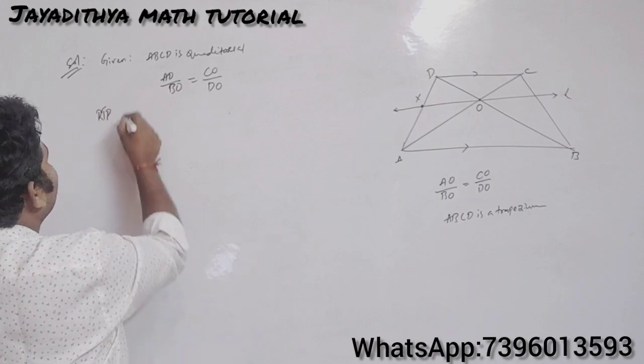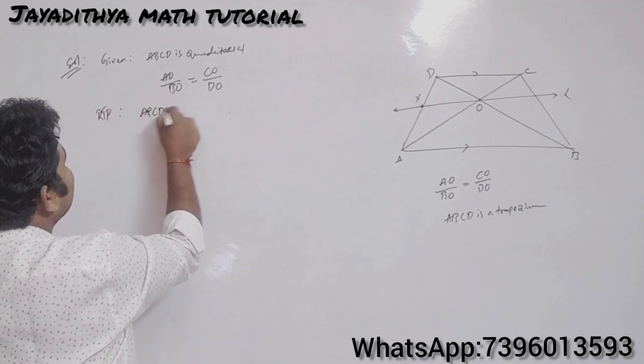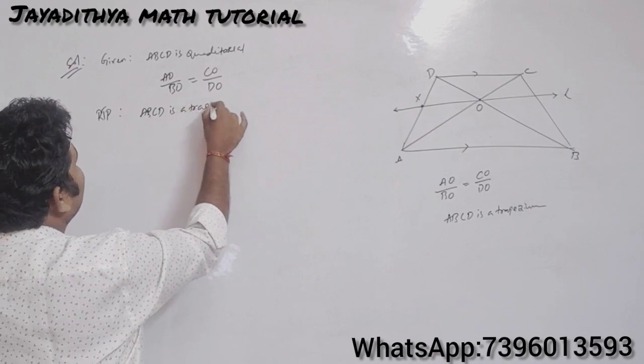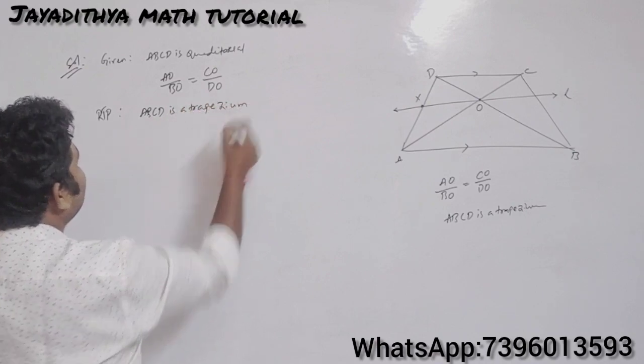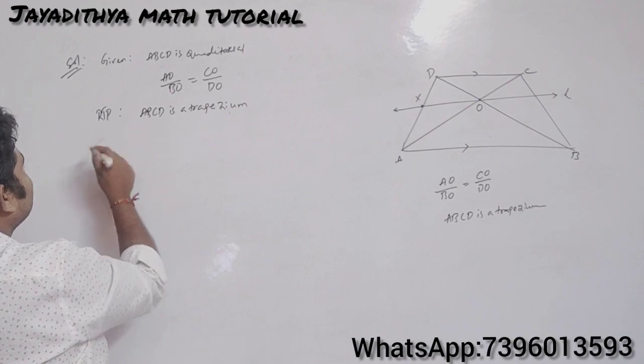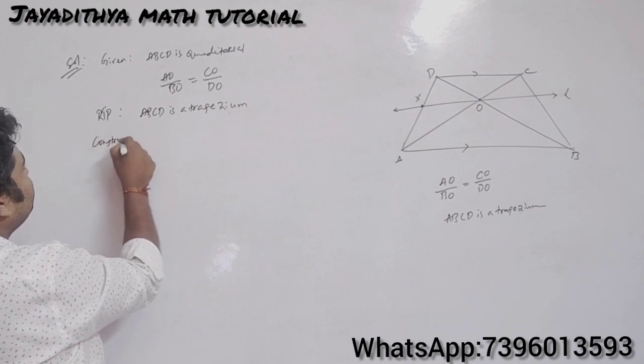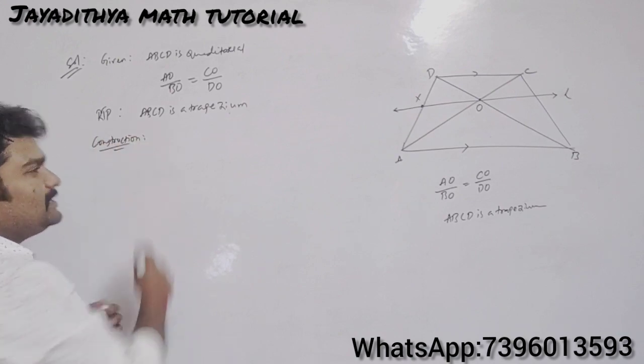What we need to prove here? We need to prove that ABCD is a trapezium. For that we have some construction here in the figure. So what is that construction?